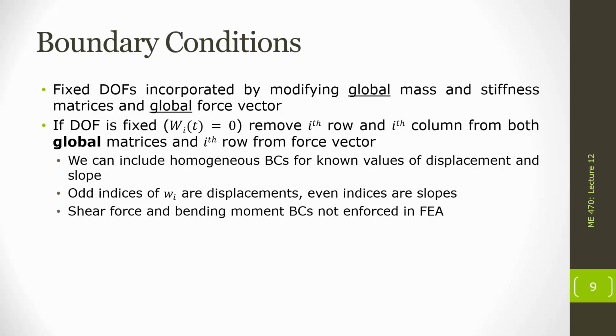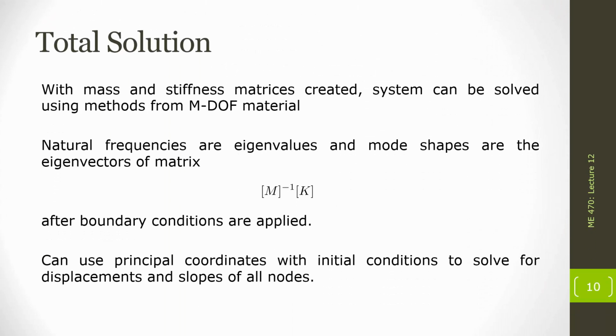And if you have non-homogeneous boundary conditions, you're going to need to use a different technique outside the scope of this course. So once we eliminate the proper rows and columns as needed to enforce these homogeneous boundary conditions on displacement and slope, then we are ready to find things we're interested in for our solution. So we can use this M and this K matrix to first find the natural frequencies of the transverse system.